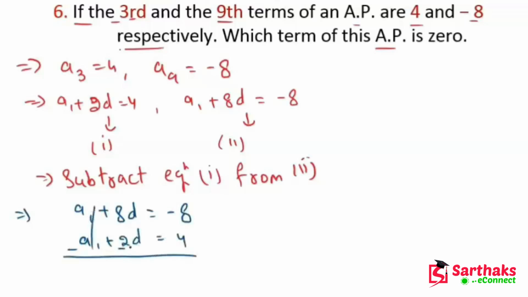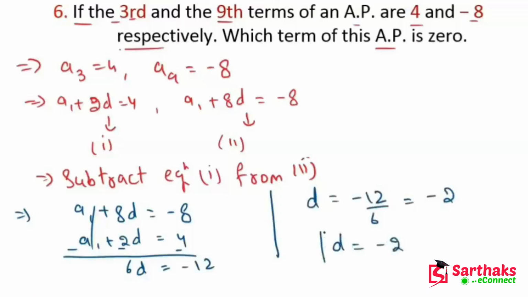If we subtract, we get 6d equals minus 12. So the value of d is minus 12 divided by 6, which is minus 2. Now we put the value of d in either equation to get the value of a1.